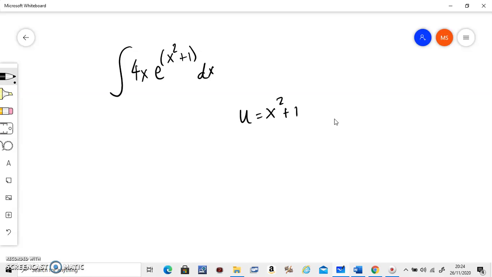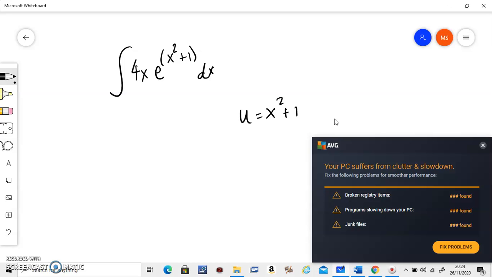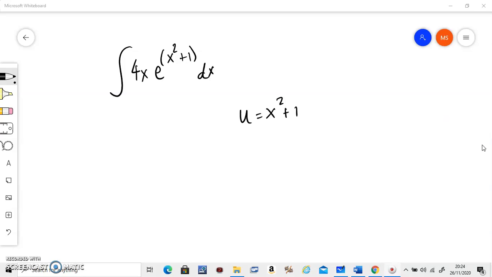This is like the opposite of the chain rule of differentiation. If there's something other than x inside the bracket, try and use the u substitution and make that your u. So du over dx is 2x. Solve for dx. Du over 2x becomes dx.